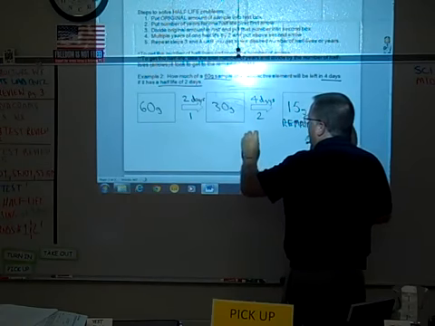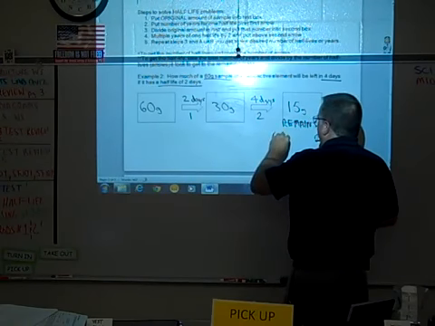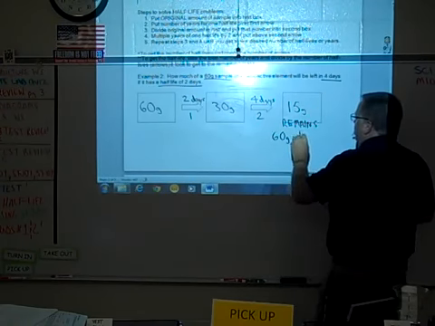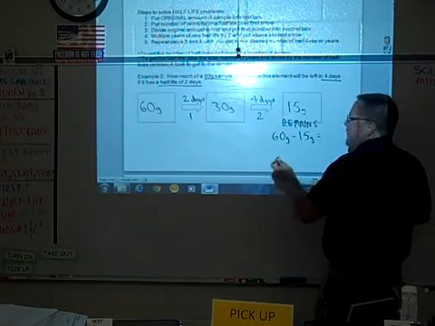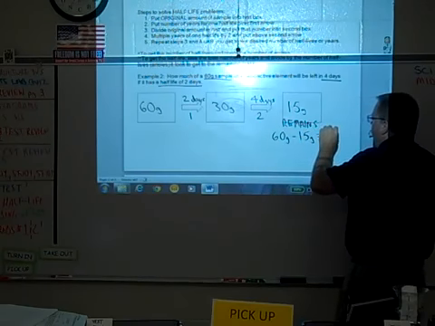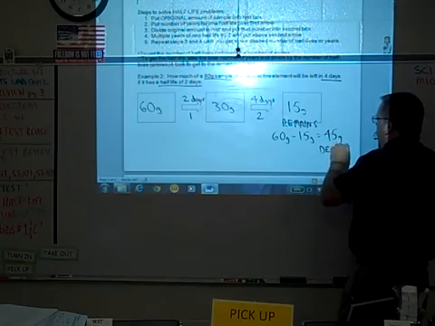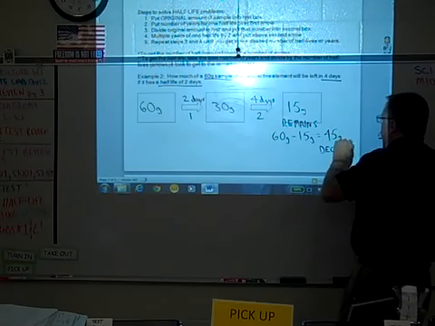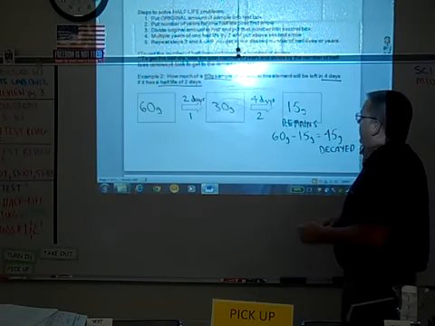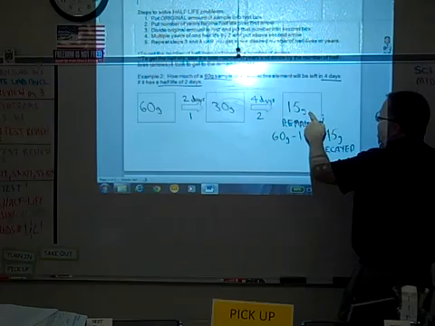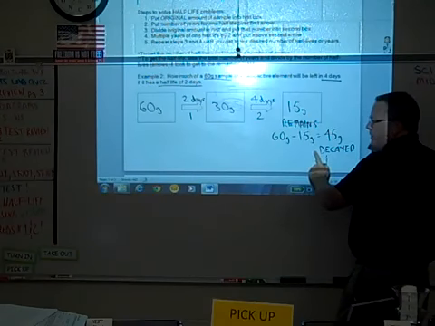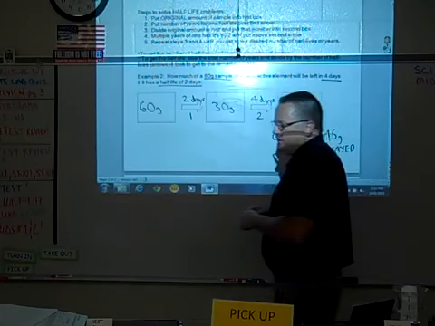The amount that decayed would be 60 grams minus the 15 grams that I have left, and you know the answer is going to be 45 grams. This is the amount that had decayed. Because the question could be asked either way. This question is looking for this answer, but they could very well ask how much has decayed as well.